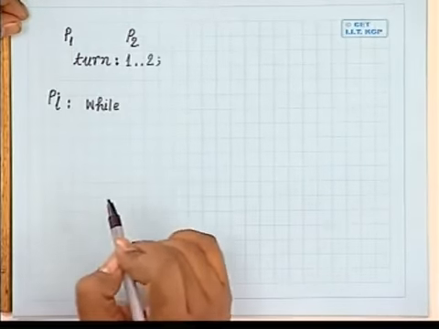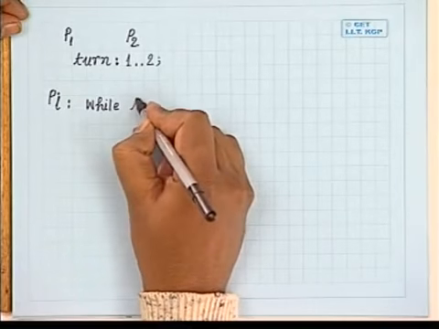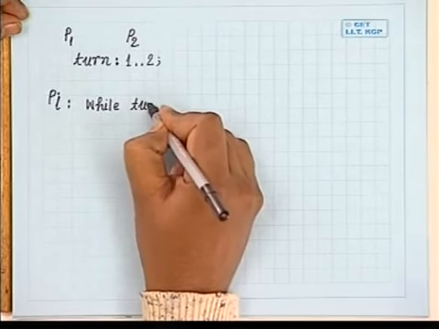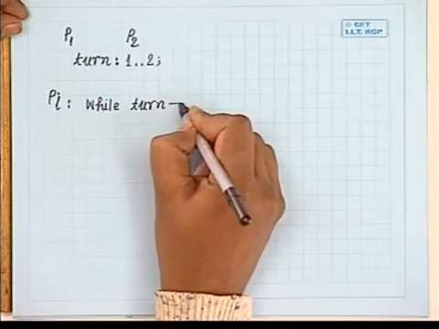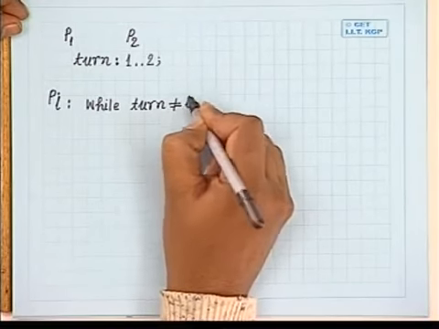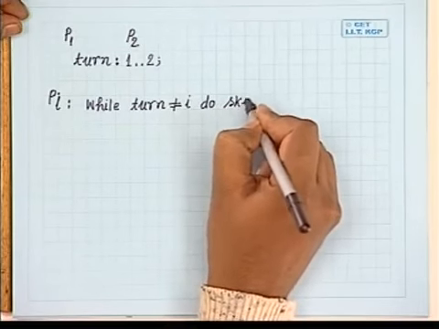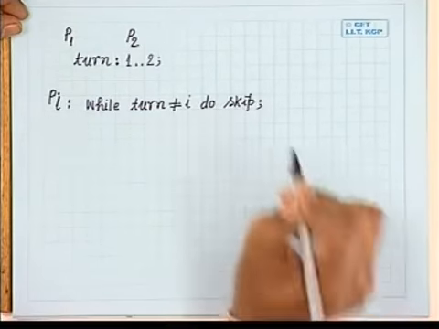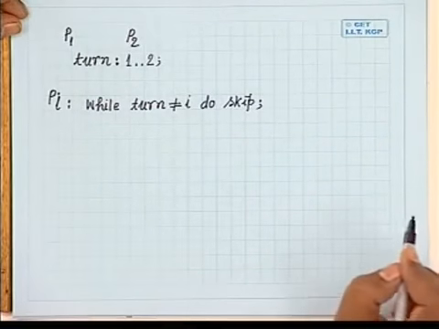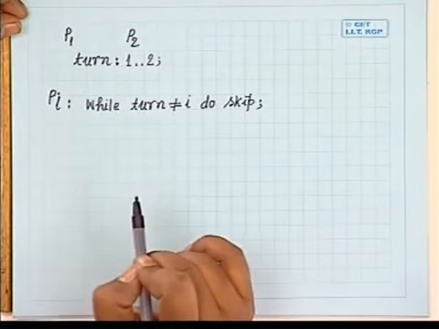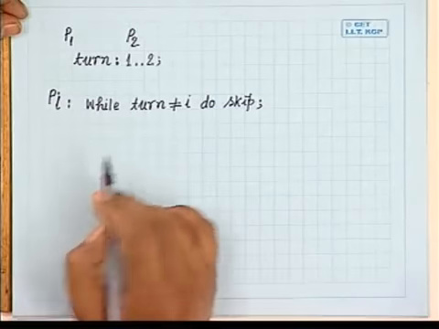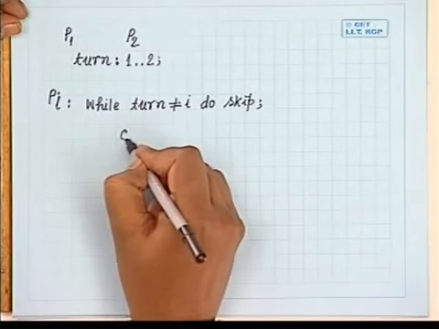In the entry section we can write: while turn is not equal to i, do nothing. This is just a waiting loop. When turn is equal to i, only then can this ith process enter the critical section. Following this, I can have the critical section.